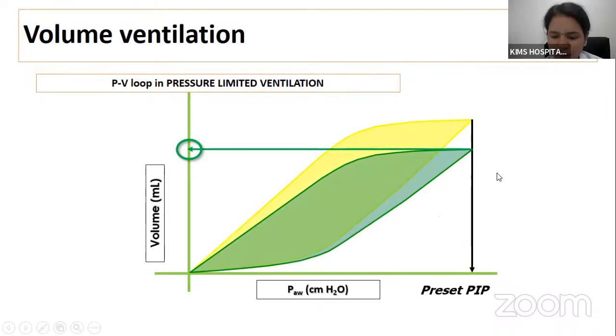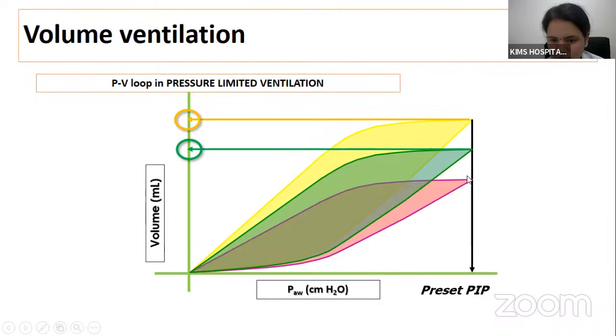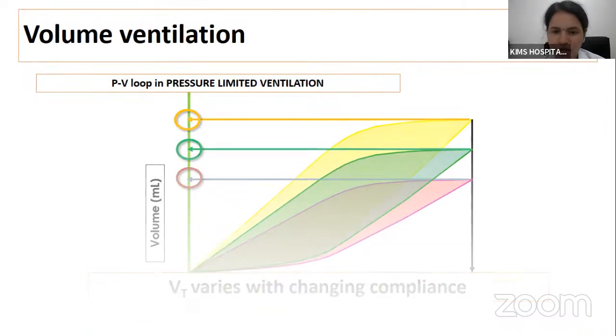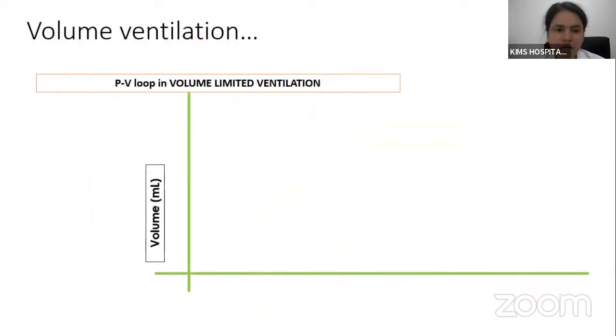Now, when the baby's compliance of the lung slightly improves, with the same PIP, we are able to achieve higher tidal volume. Whereas when the compliance of the lung reduces, as seen in the purple color, with the same preset peak pressure, we are able to achieve only lesser tidal volume. So with typical pressure limited ventilation, the tidal volume varies with changing compliance. And this can be very confusing for us.